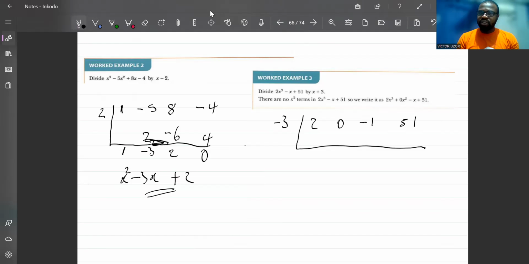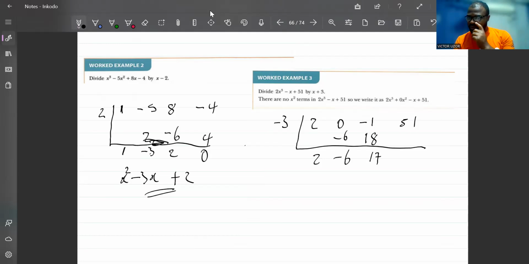Then you bring 2 down. Minus 3 times 2 gives us minus 6. You add it together, you get minus 6. Minus 3 times minus 6 will give us 18. You add it together, you get 17. Then minus 3 times 17.